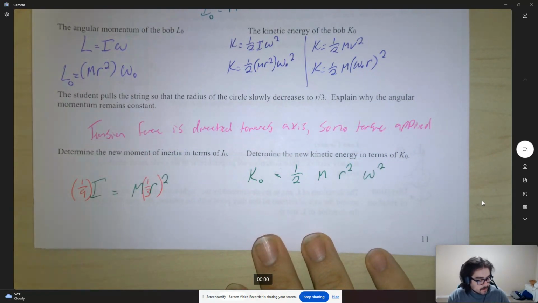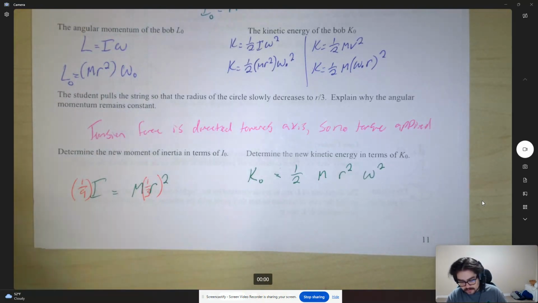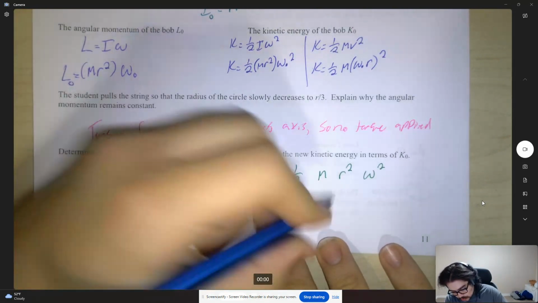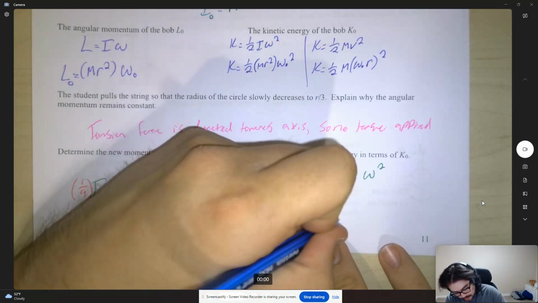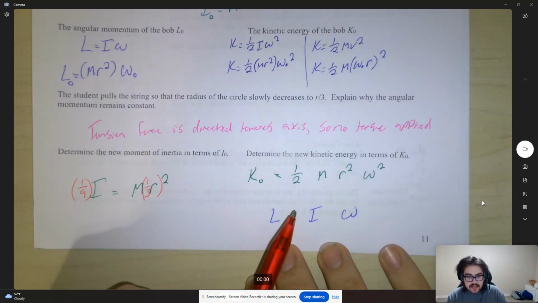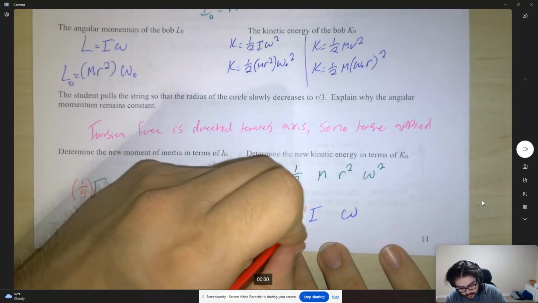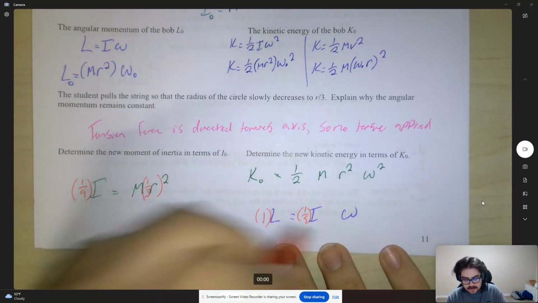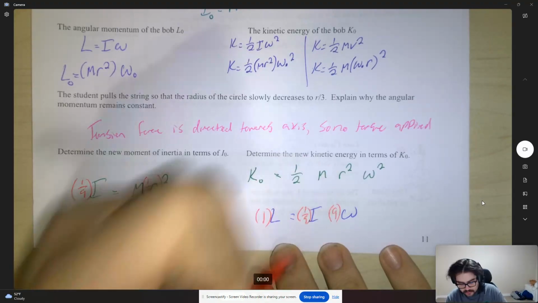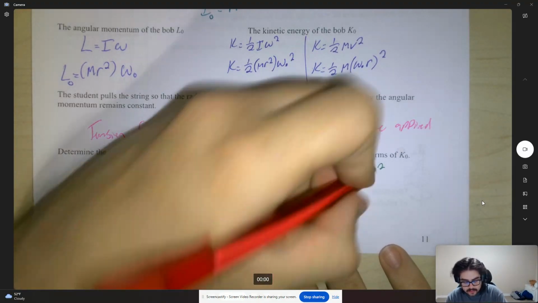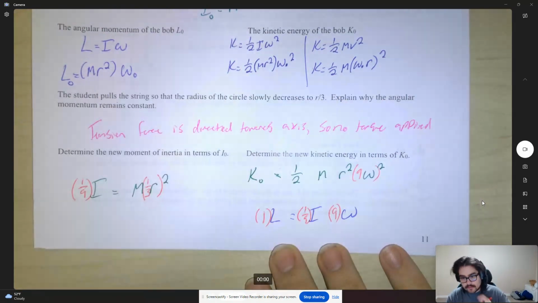Just as an aside, angular momentum has to be conserved. So if my moment of inertia is changing by 1/9 and L should stay constant, then omega has to change by a factor of 9 to compensate. So this is actually 9 times omega.